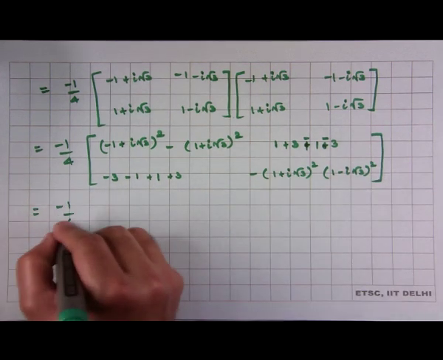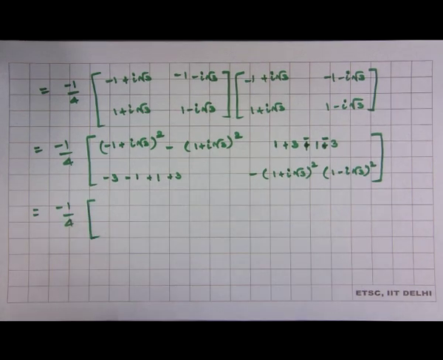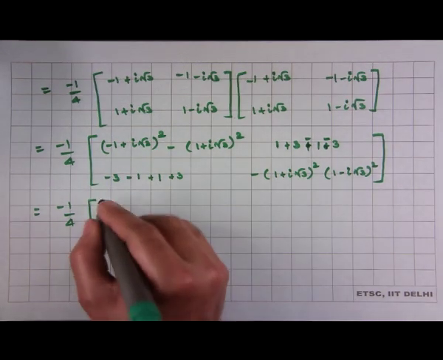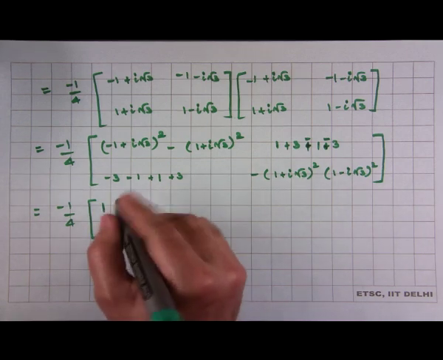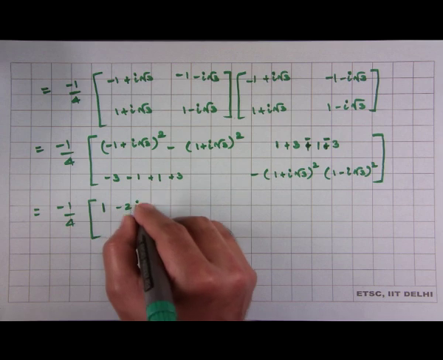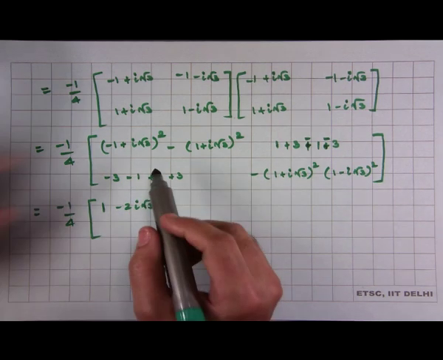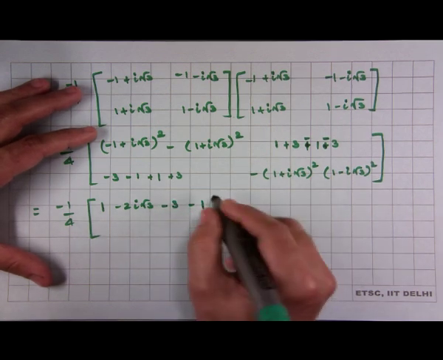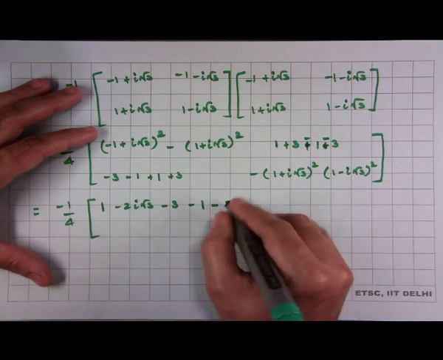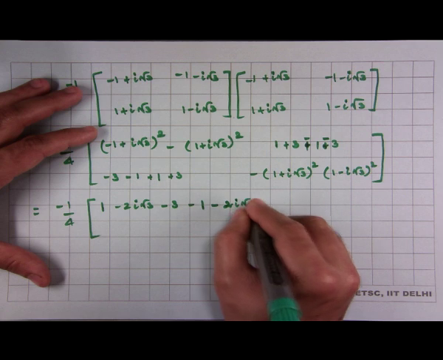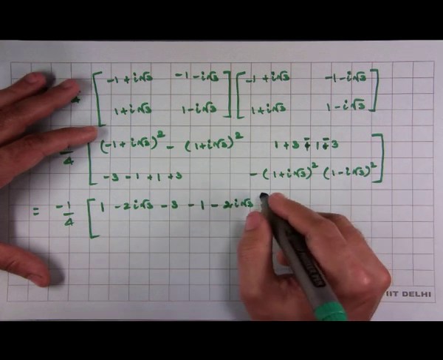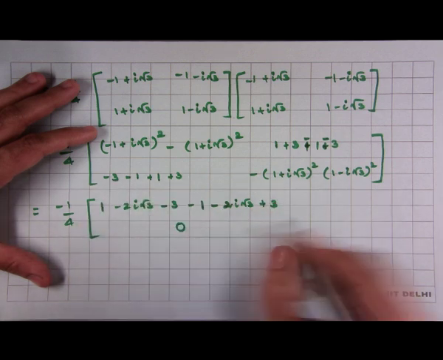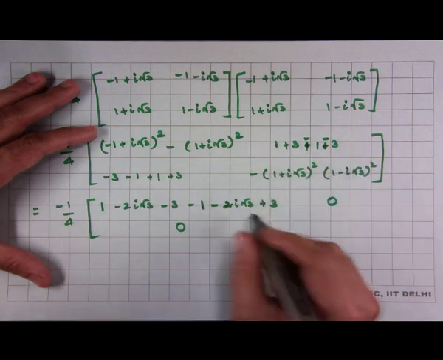So, minus 1 by 4 into, if you try to expand this, what you will have is 1 minus 2 I root 3 minus 3 minus 1 minus 2 I root 3 plus 3. So, this is going to give me 0, again here I will have a 0.